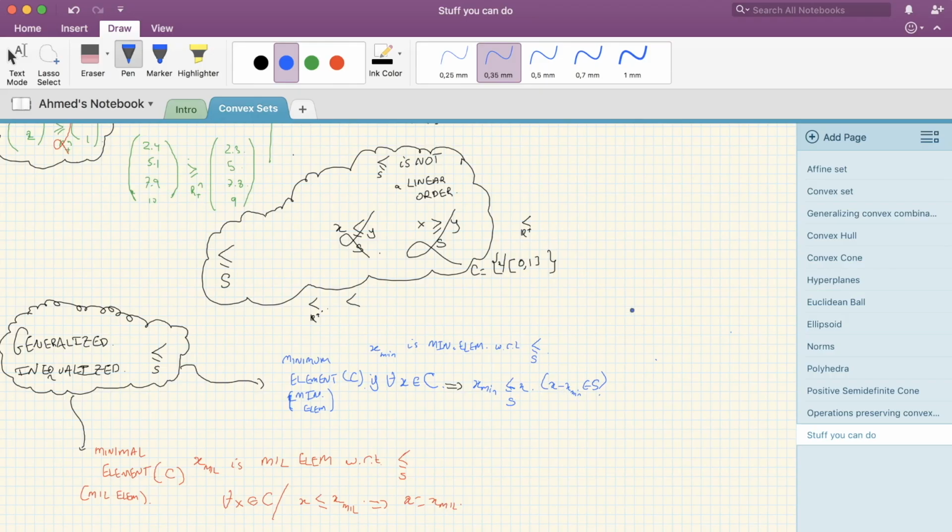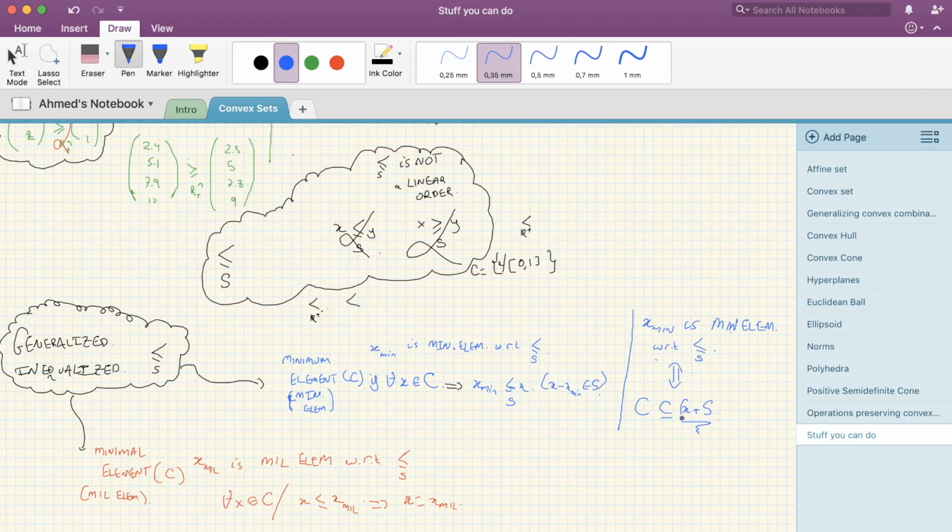So another definition of a minimum element is the following. x_min is a minimum element, of course, with respect to S, if and only if you can prove that your C set, which you're finding the minimum element of, is a subset of what? x plus S. And what does that mean? It's not that you're adding, because this is a vector and this is a set.